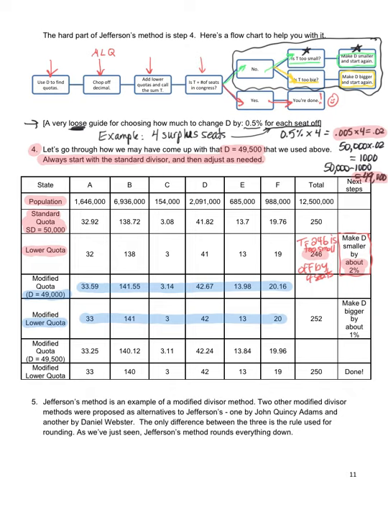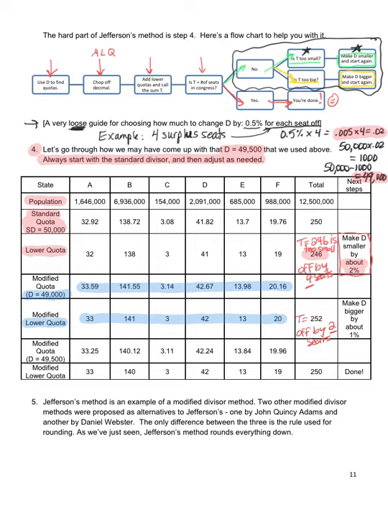Then we add them together. We want to find T. We get T is 252, which means we're off by 2 seats now, which is not the best news because we're not finding 250 as our total, but it is good news because we're not off by as much as before. We were 4 seats away with our standard divisor. Now we're within 2 seats with our first attempt at our modified divisor.